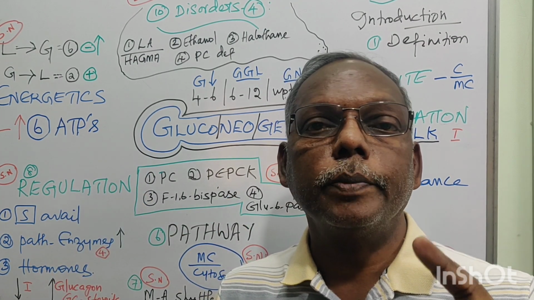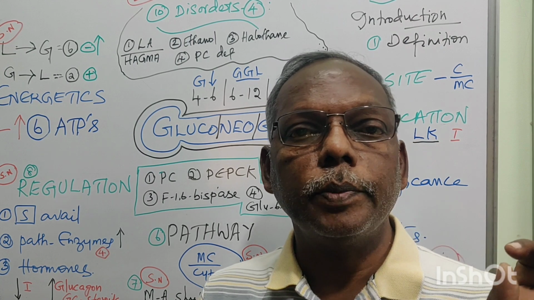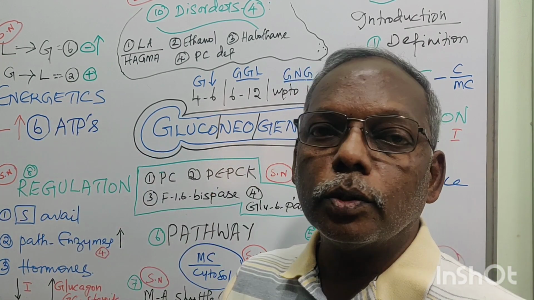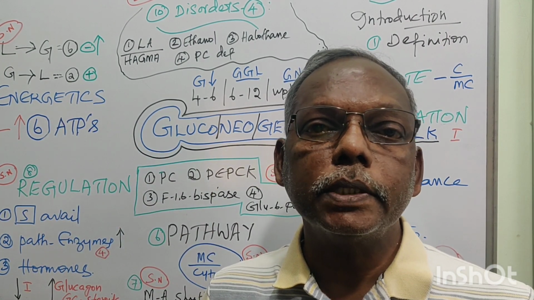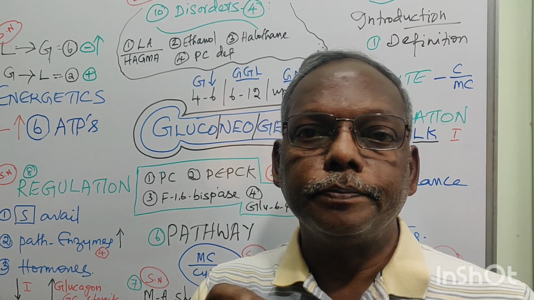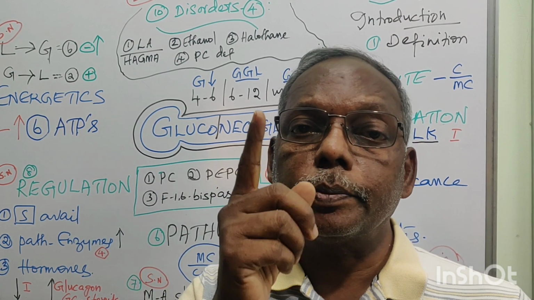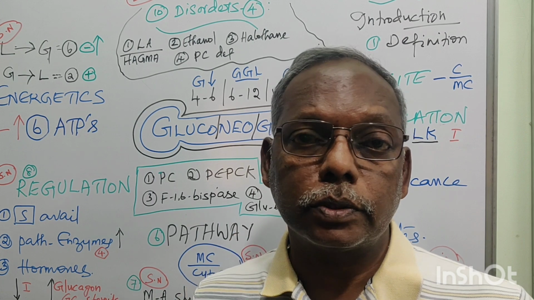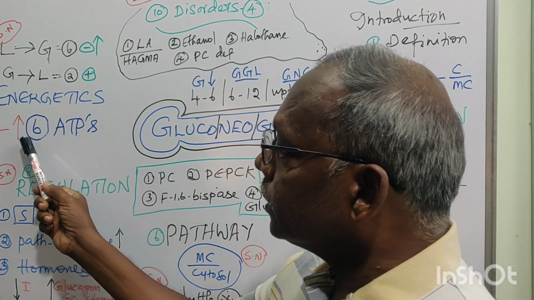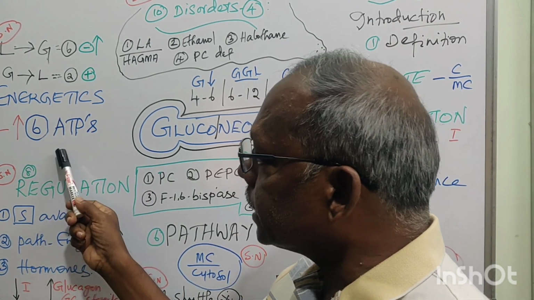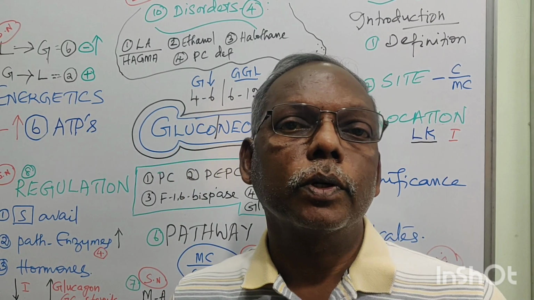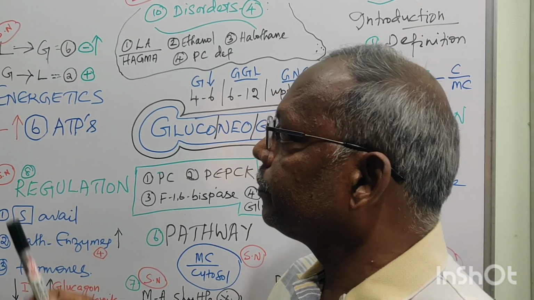These 2 points come under energetics. It's a common topic. In gluconeogenesis, energetics means utilization only. We are giving 6 molecules of ATP for the production of 1 molecule of glucose. That is why we have to give 6 ATPs for gluconeogenesis of 1 molecule.